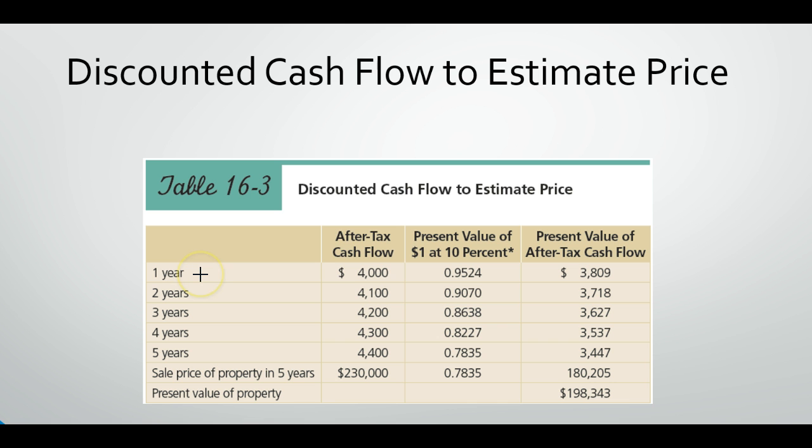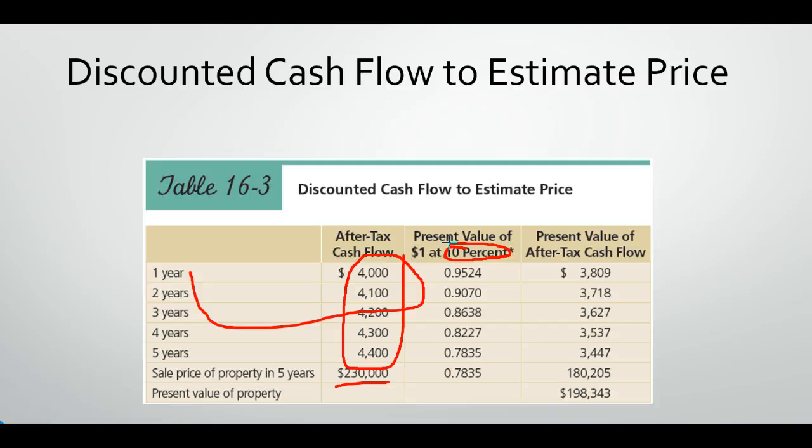But we're going to assume that somehow this piece of property generates us per year an after-tax flow of around $4,000 for the 5 years that we own this property, and then in year 5 we're going to sell the property for $230,000. This particular chart assumes that we're going to need a 10% annual return in order to buy this particular property.